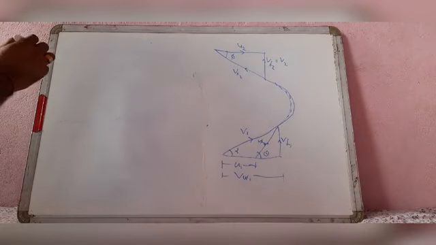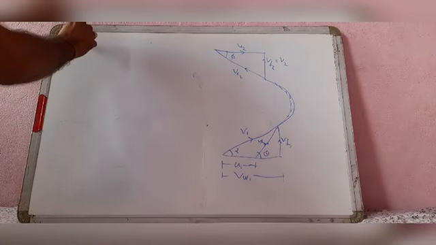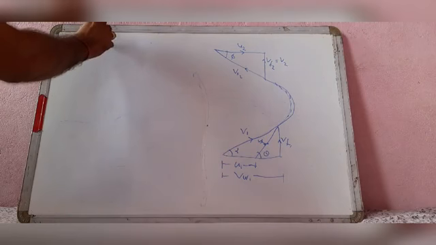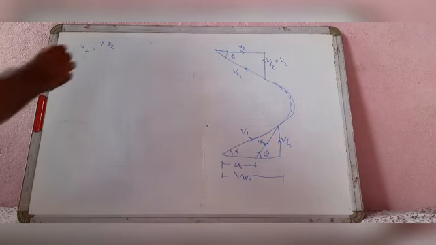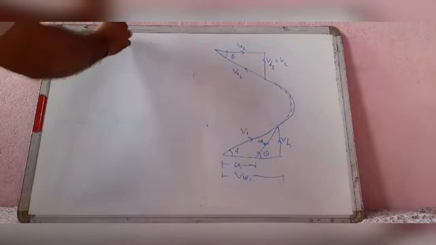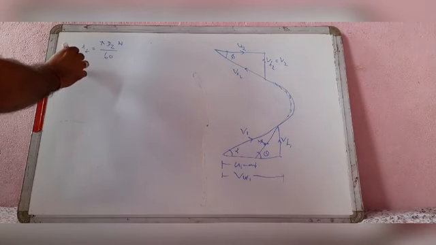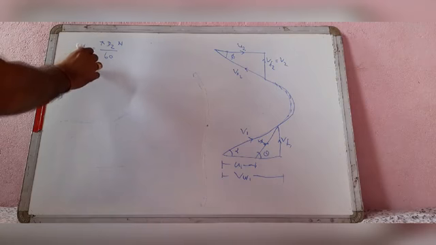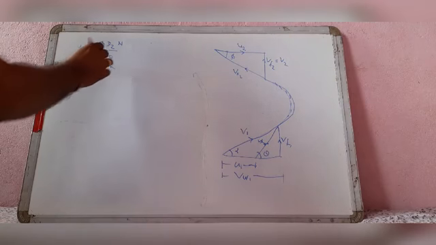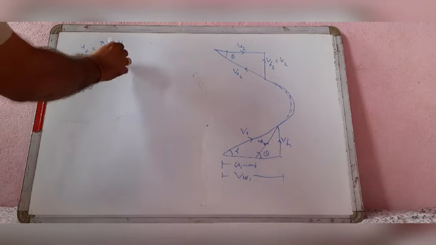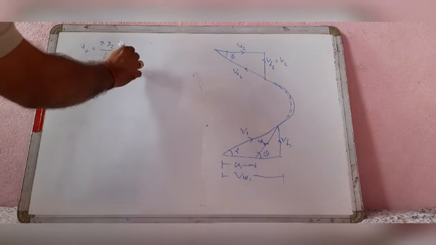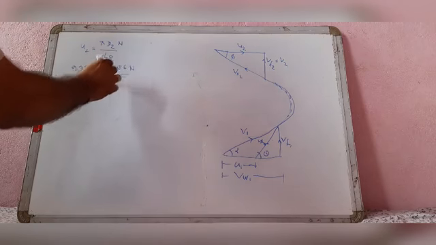Here, as we know, U2 equal to pi D2 N by 60. So this is 9.33 equal to pi into D2, which is 0.6, into N by 60.